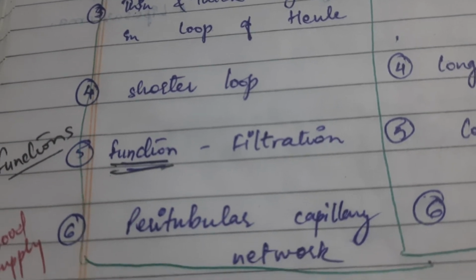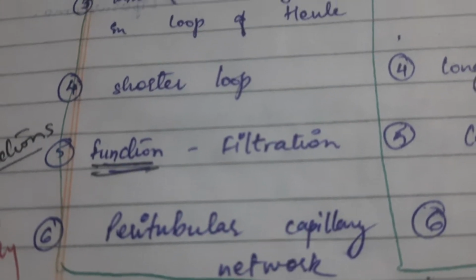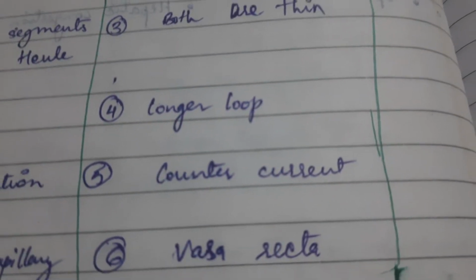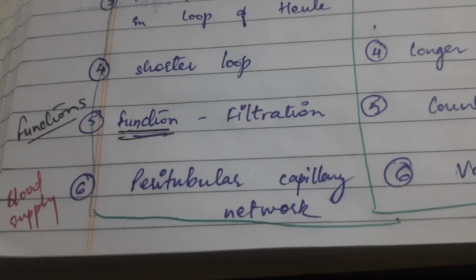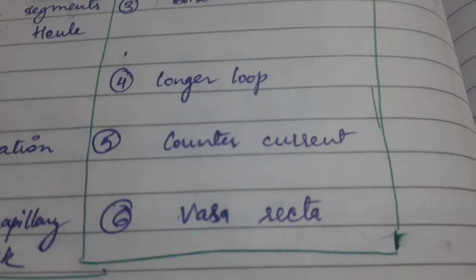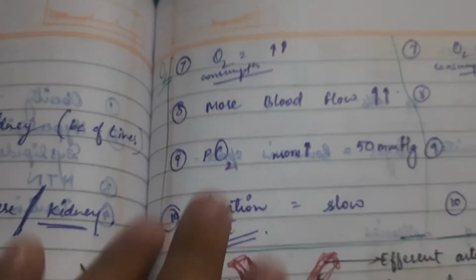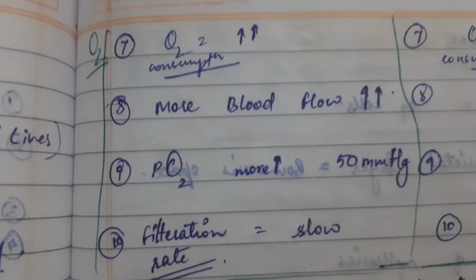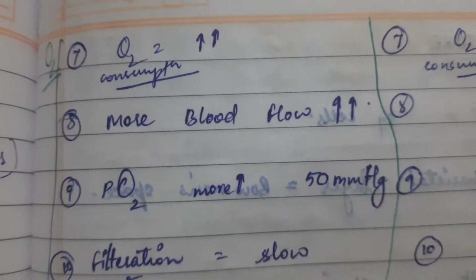Function is filtration. The cortical nephrons do filtration, and juxtamedullary nephrons do countercurrent. Supply is peritubular capillary network, and here it is vasa recta. Oxygen consumption is very high in the cortical nephrons because the function is filtration.